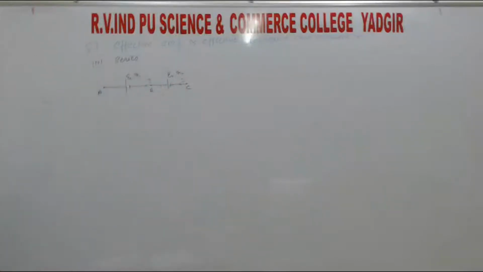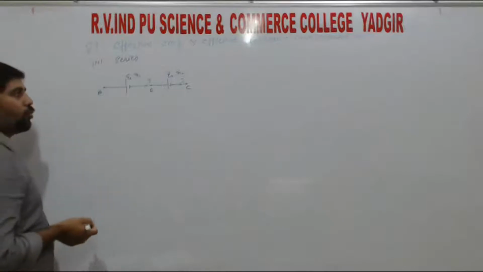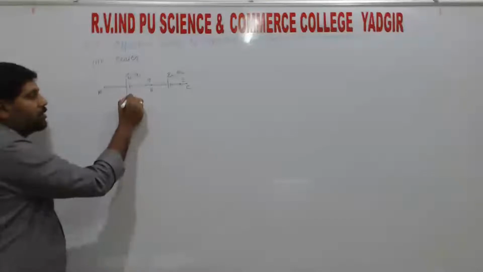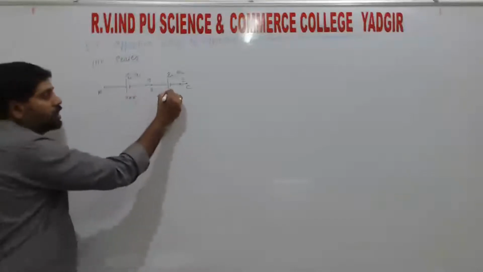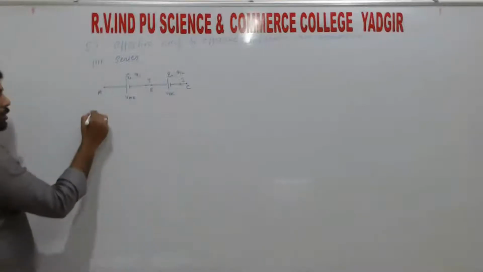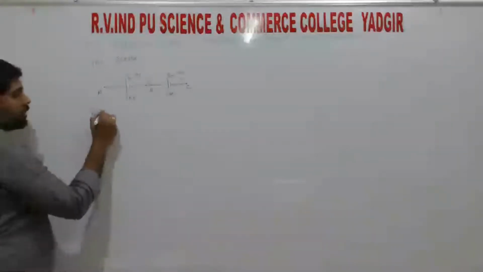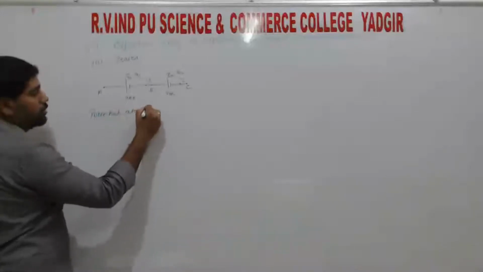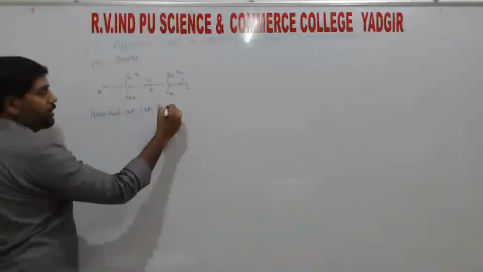So in series the current I does not divide. So only the potential differs. So here the potential is VAB, right? So here the potential is VBC, right? So write the potential at cell E1, right?